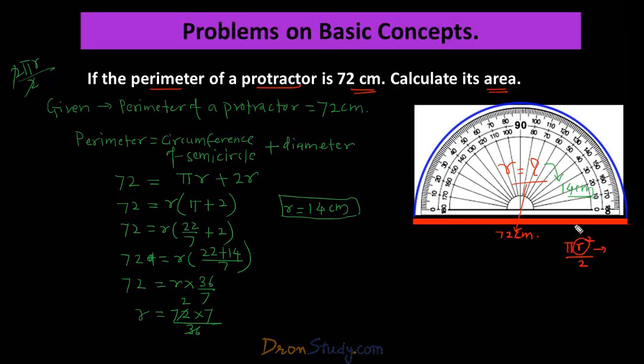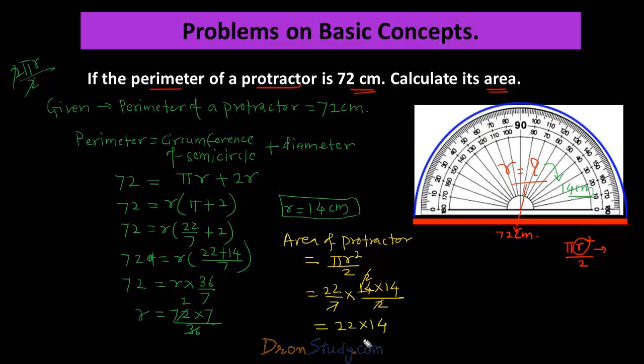Now we have to find the area of this protractor. So area of protractor is equal to pi r square upon 2. So pi is 22 by 7 into r, r is 14, into 14 by 2. 7 twos are 14, 2 twos will get cancelled, which is equal to 22 into 14.